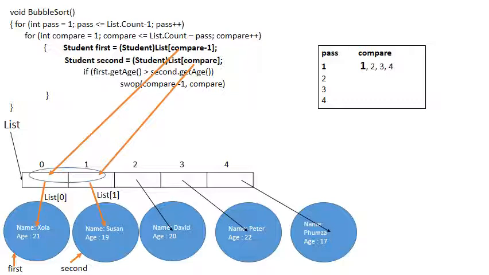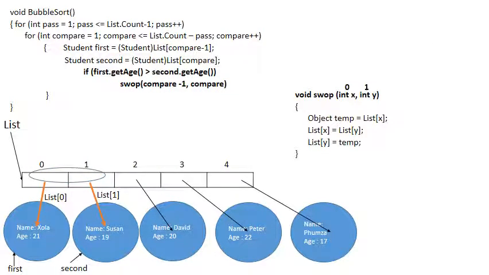You'll see that first points to the whole object, where list 0 points to the middle. So first now actually points to a student, and we can use it to access a student. The same happens to second. Second points to the whole object, where list 1 points to the middle. But once we've typecasted it in second, we can now use the whole object.